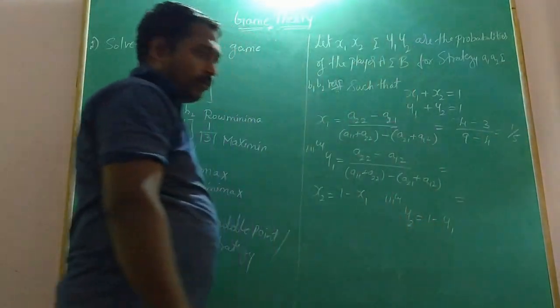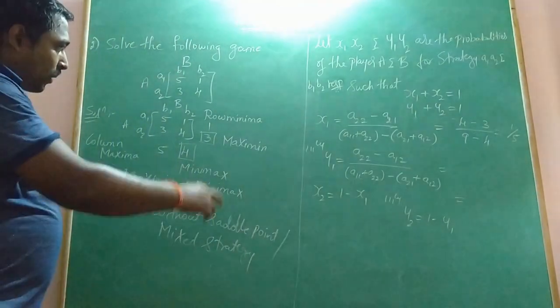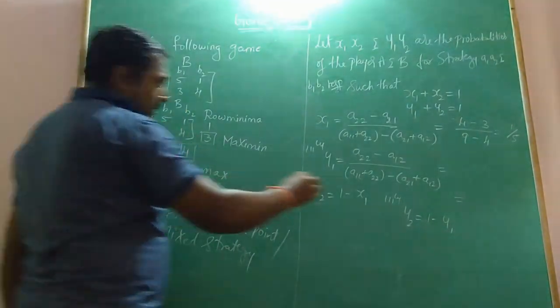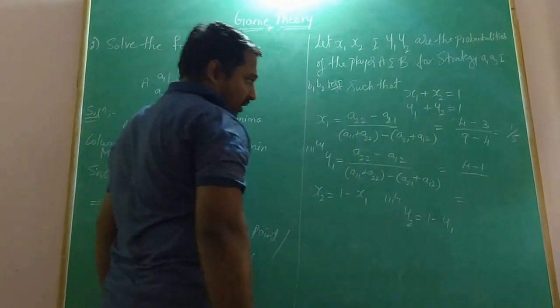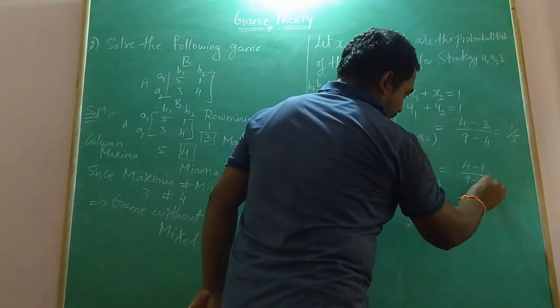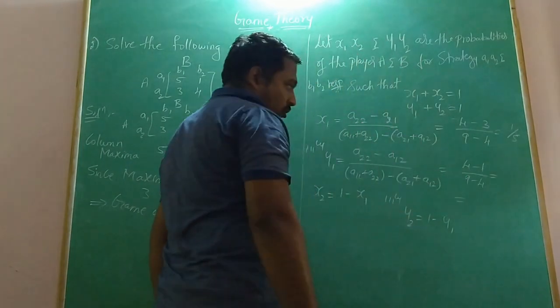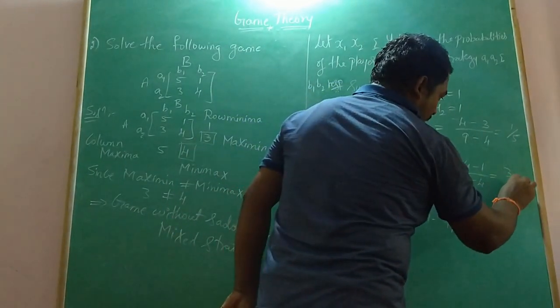It is 1 by 5, the x1 value. Similarly for y1, 4 minus 1, divided by the same denominator, 9 minus 4. 4 minus 1 is 3, so 3 by 5.